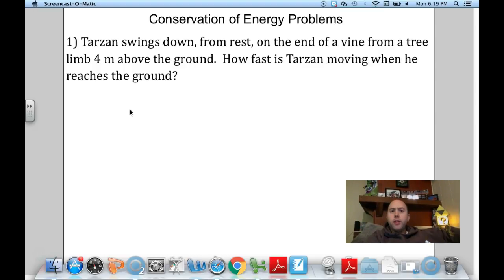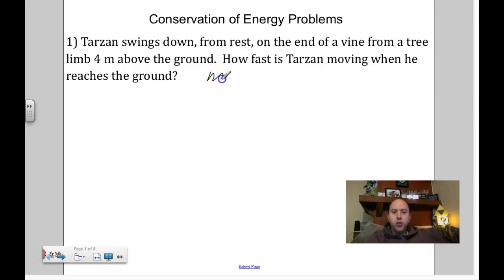So you have to think, this is conservation of energy, which states what? Well, basically it says that your initial mechanical energy equals your final mechanical energy.